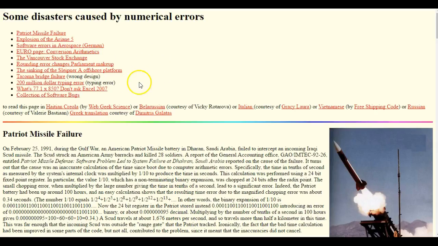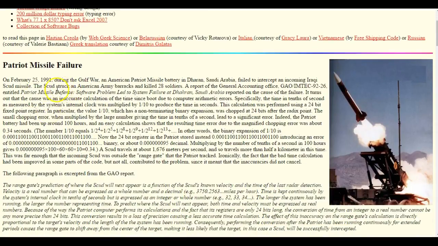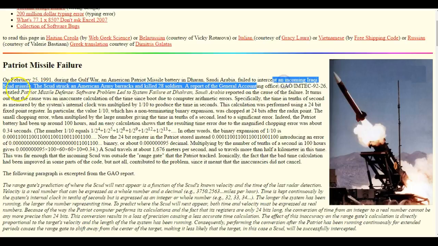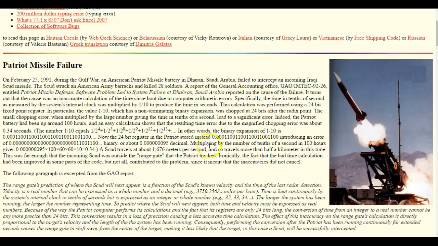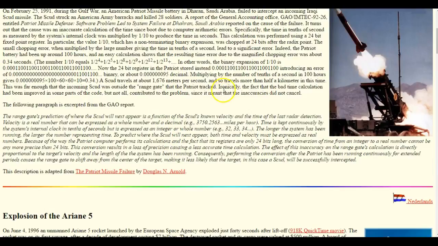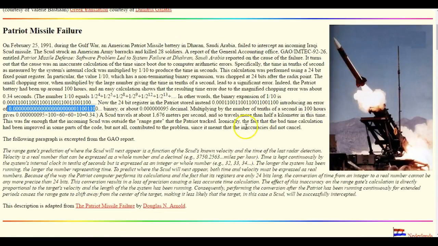So there's a couple articles that talk about real-life disasters that were caused by numerical miscalculations. So this is a real thing. On February 25th, 1991, there was a Patriot missile battery in Iran that failed to intercept an incoming Iraqi Scud missile. The reason was because the calculation was done incorrectly. So the Patriot missile stored this number, introducing this error, which may not seem like a lot, but when you're talking about the speeds of missiles, it is a lot.